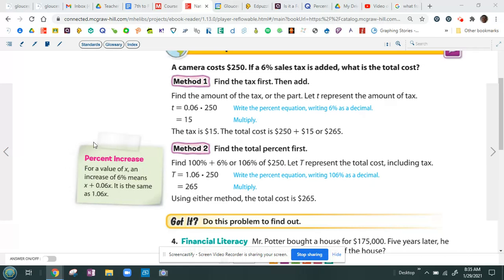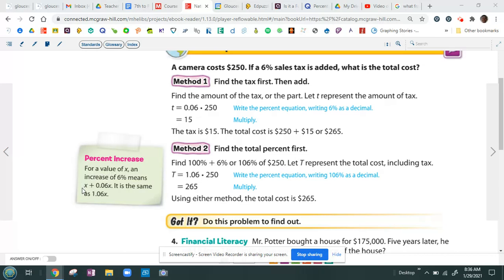All right, and this actually is a really good little tip over here. Okay, for value of x, an increase of 6% means, okay, this x represents one whole x. All right, so let's say you spend x on a pair of jeans.